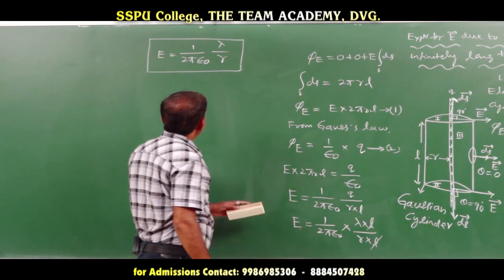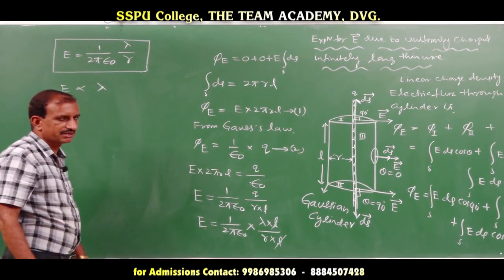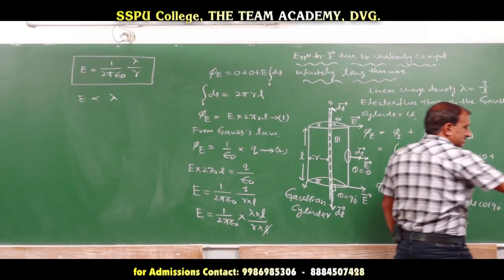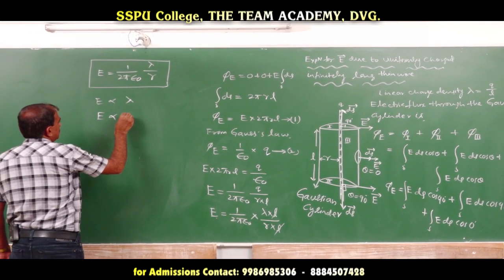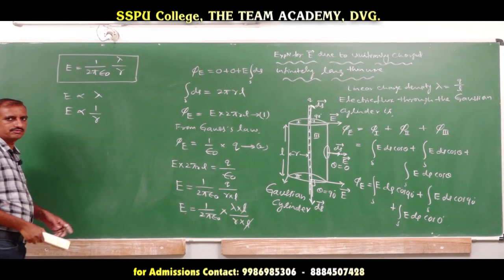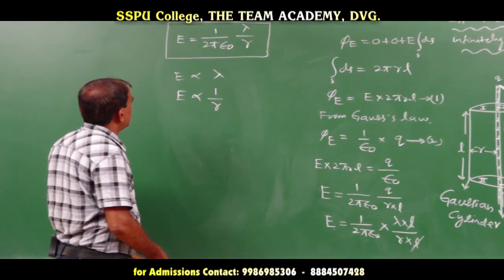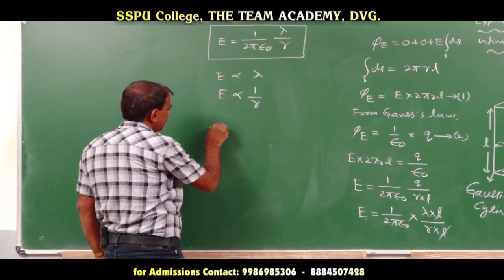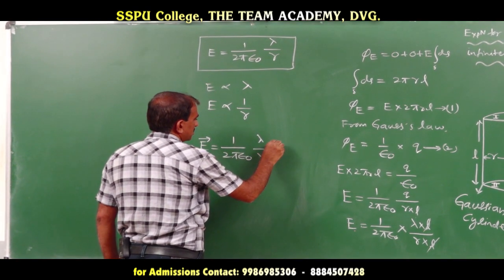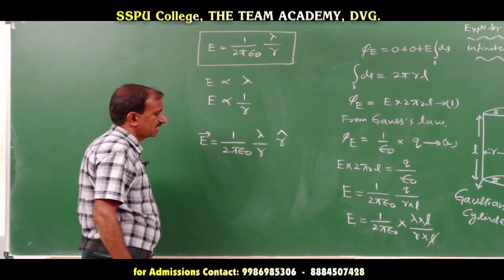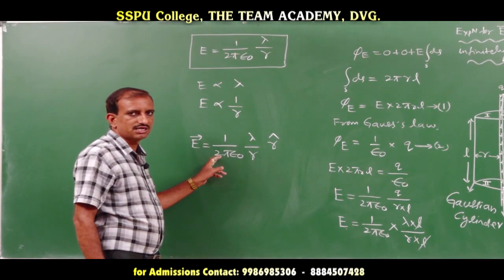The electric intensity E depends on the linear charge density, and it also depends on the distance R. As the distance increases, the electric intensity decreases. Vectorially, it can be written as the vector E equals 1 by 2 pi epsilon naught into lambda by R into R cap. This is the electric intensity equation due to a uniformly charged infinitely long thin wire.